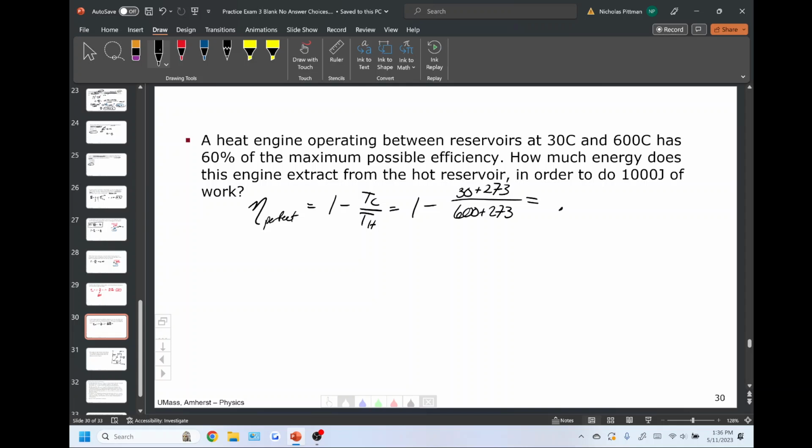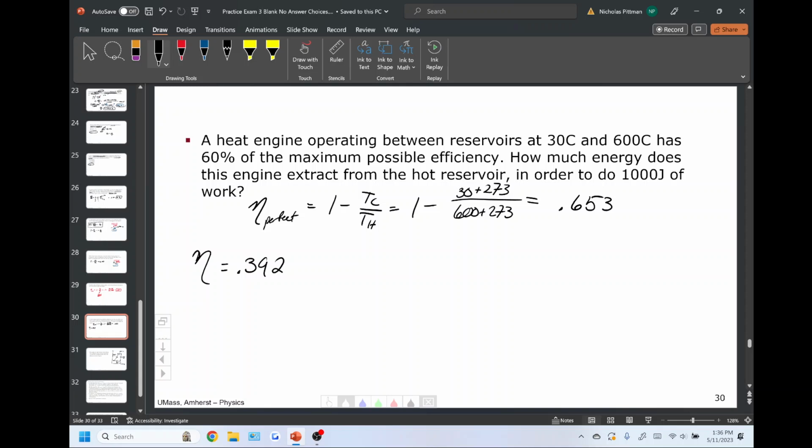So the perfect efficiency would be 0.652 or 0.653. And your engine doesn't have this efficiency. It has 60% of this. So the actual efficiency is, multiply the answer by 0.6, gives you 0.392. Okay, so this is your engine's actual efficiency.